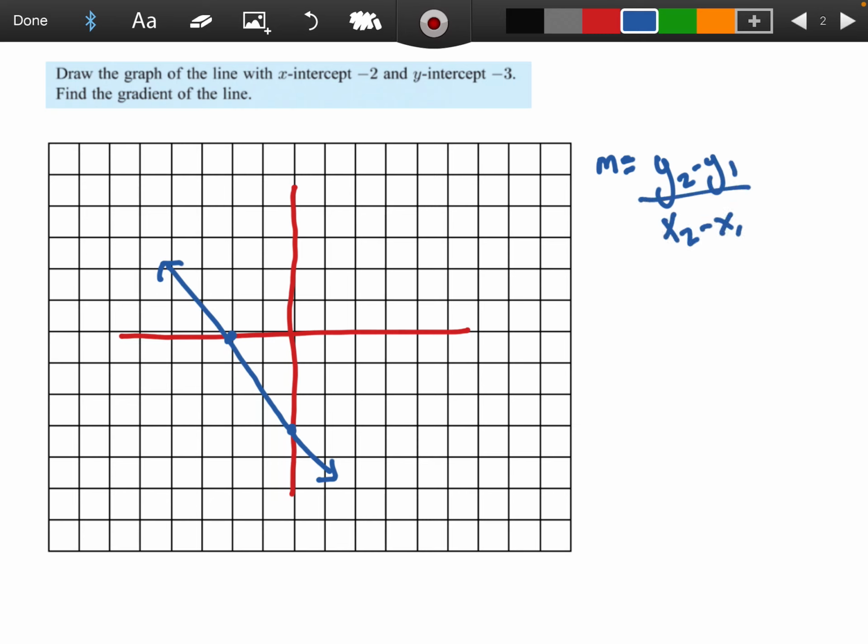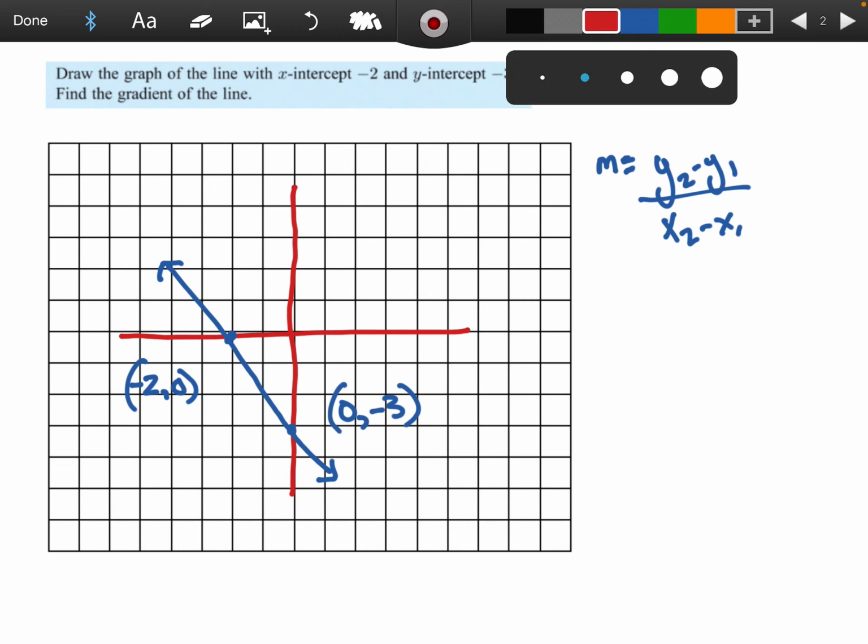In order to use this, we need to know two coordinates. The coordinate of your x-intercept is (-2, 0), and the coordinate of your y-intercept is (0, -3). Those are the two points we're going to use.